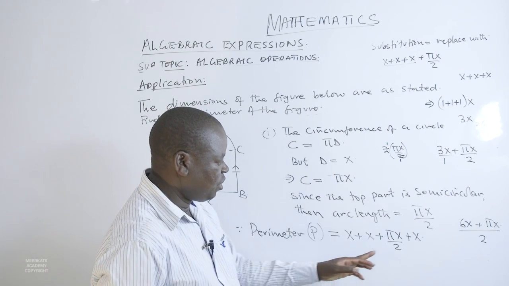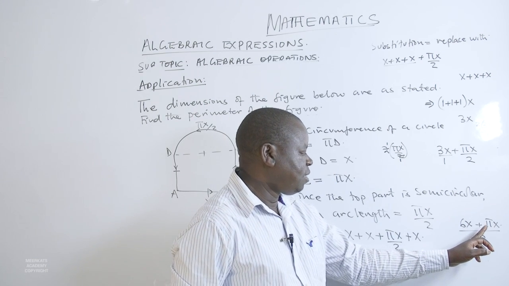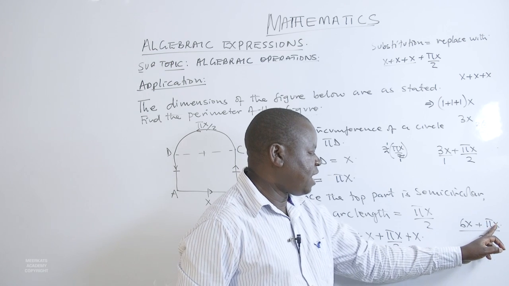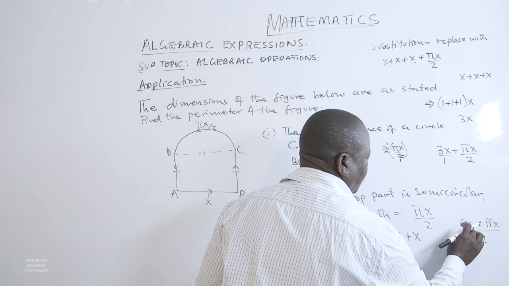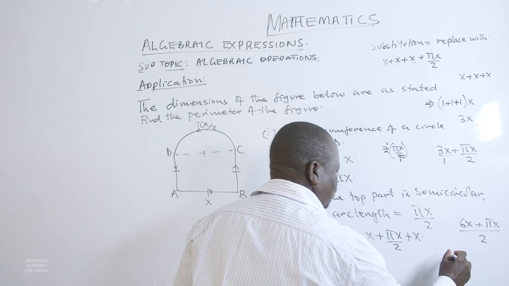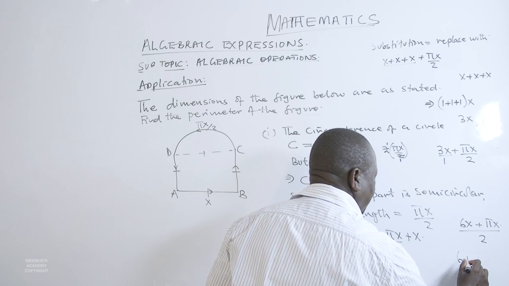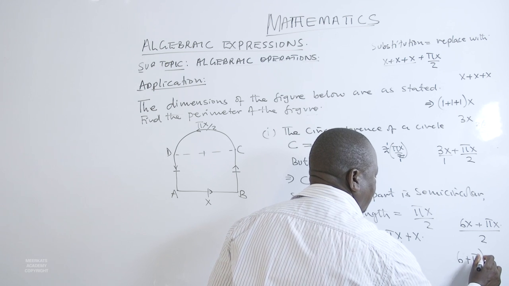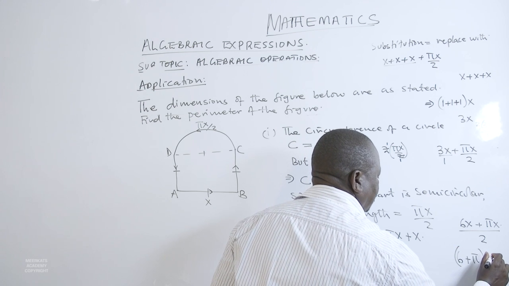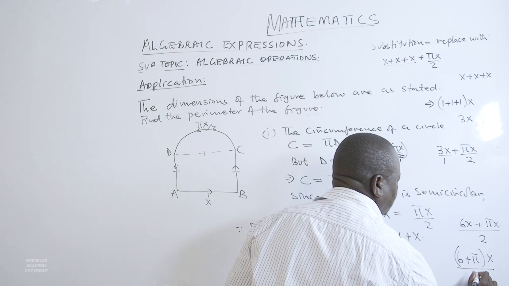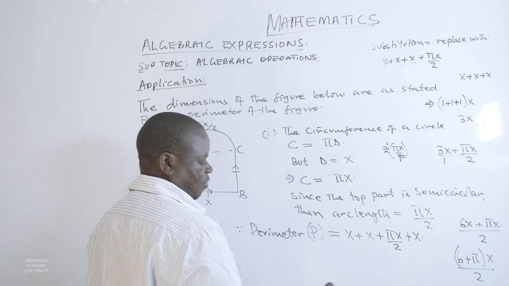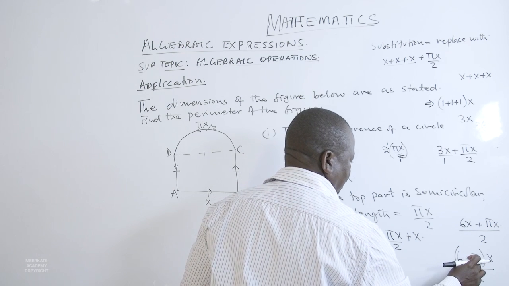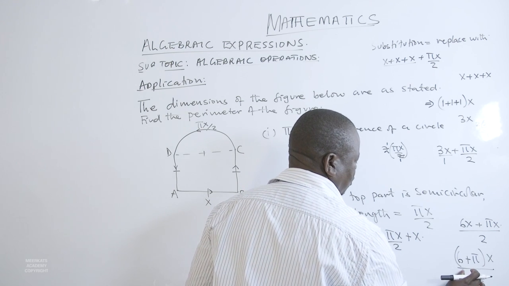So we have 6x plus pi x. But we remember we have been told that if we have the same pronumeral, we can write this as 6 plus pi in bracket x all over 2. So we filter out x, so we remain with 6 plus pi into x all over 2.